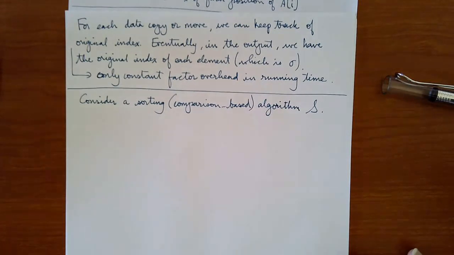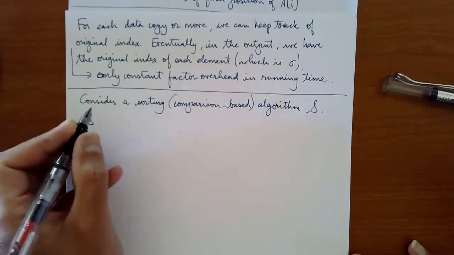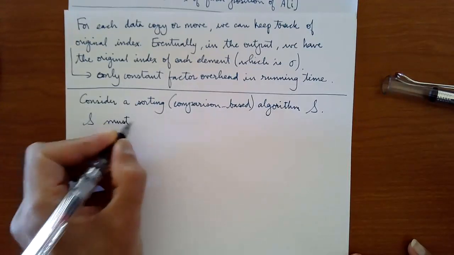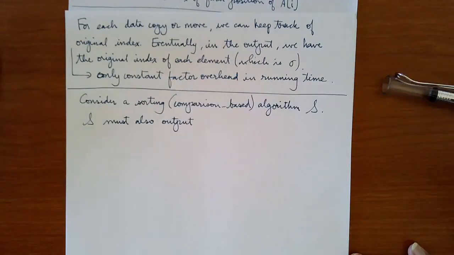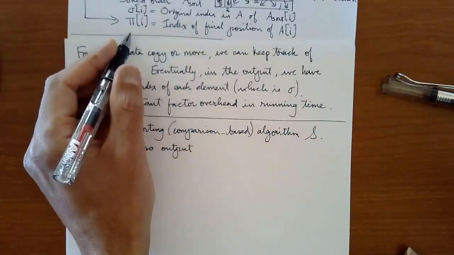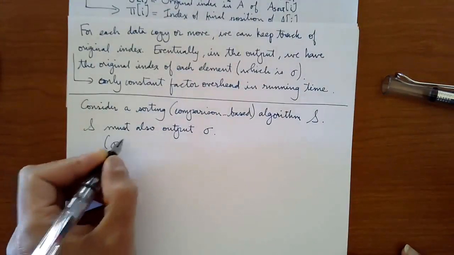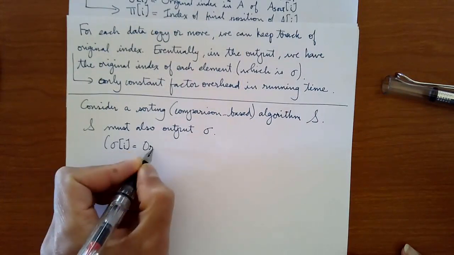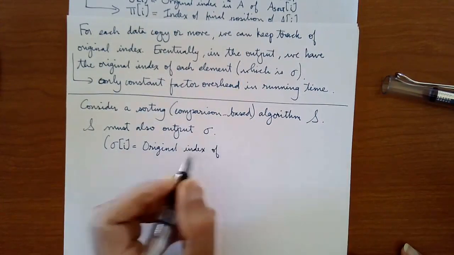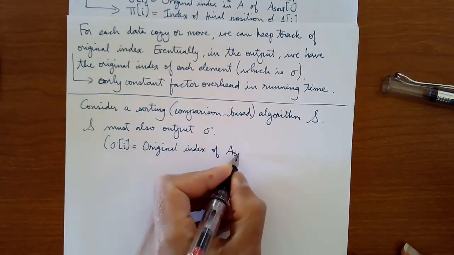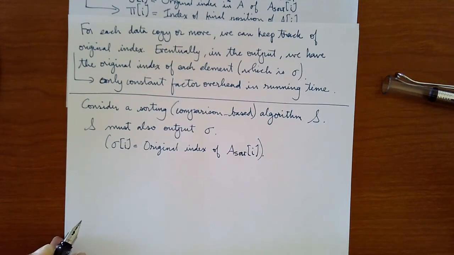S must also output, so instead of pi, let's actually deal with sigma. S must also output sigma. Remember, sigma I is the original index of a sorted I.